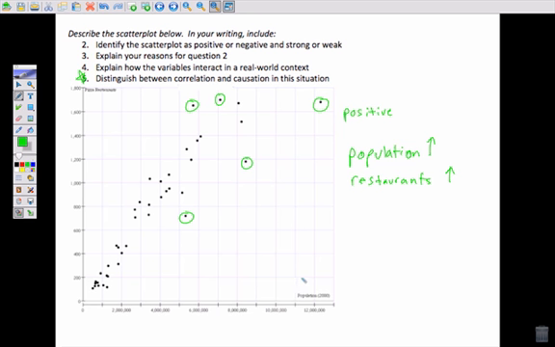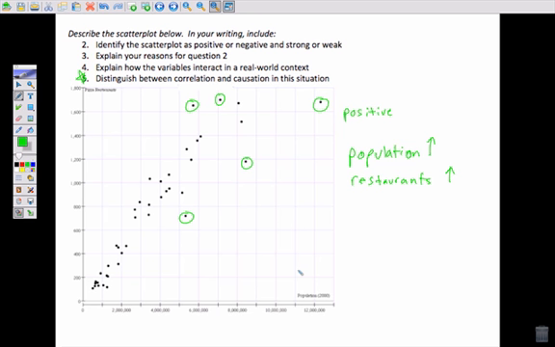A higher population could correlate because more people, there's probably just in general more restaurants. And so typically, maybe it's a bigger city. So typically bigger cities have more restaurants.